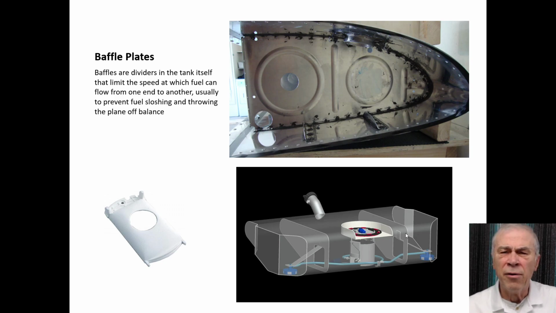And here's a better illustration where it's not just a little obstruction in the fuel flow, but it's actually a stringer with a passage opened up in it. So that basically prevents fuel sloshing and throwing the plane off balance.